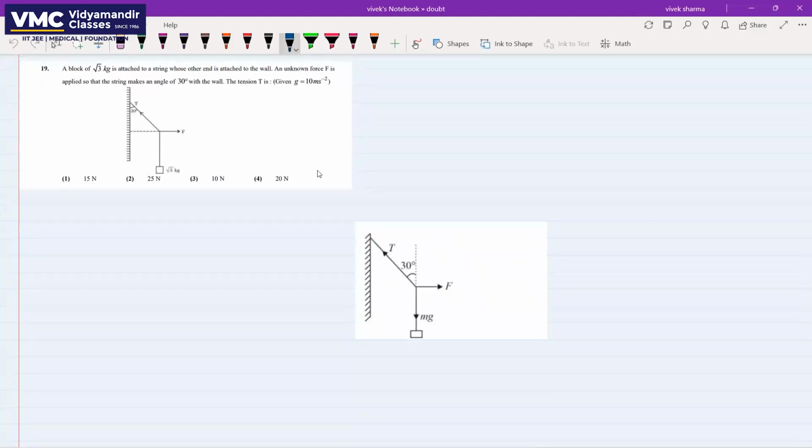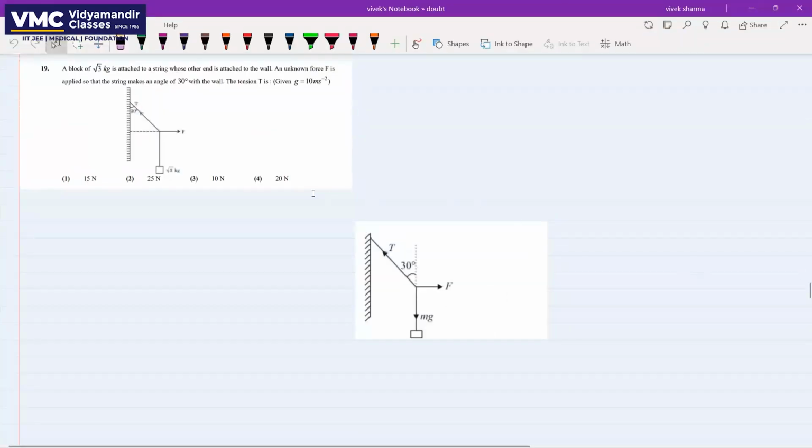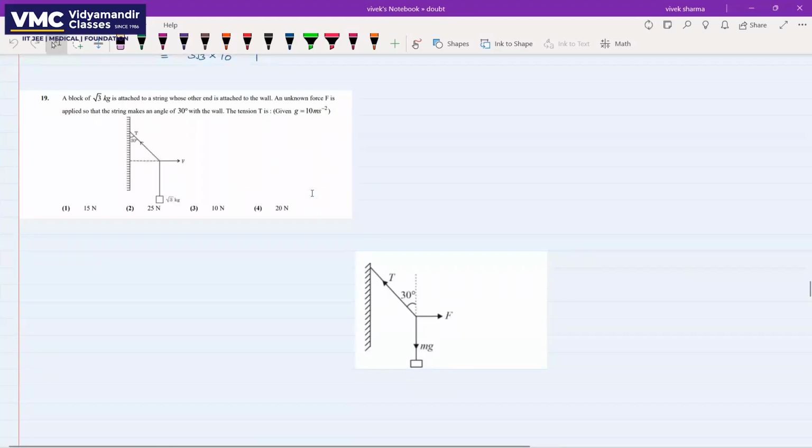It is saying a root 3 kilogram block is attached to a string, and the force F is applied so that the string makes an angle 30 degree with the wall, and we need to find the tension T. So हम जो नॉट जंक्शन है इसका फ्री बॉडी डायग्राम बना रहे हैं. इस पर फोर्सेस होंगे, ब्लॉक का वेट, इस स्ट्रिंग में जो टेंशन होगा वो तो ब्लॉक के वेट के इक्वल हो गया, mg. फोर्स F है जो हमने अप्लाई किया है, और टेंशन ऑफ द स्ट्रिंग इस पार्ट ऑफ द स्ट्रिंग में, say that is capital T. और क्योंकि क्वेश्चन में 30 डिग्री दिया हुआ है, this angle will also be equal to 30 degree, and we need to find the tension T.